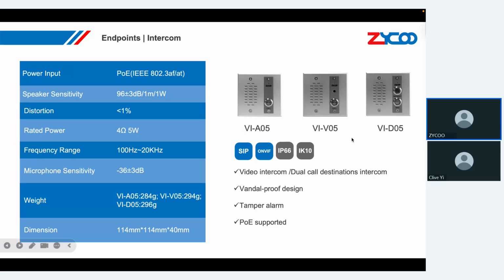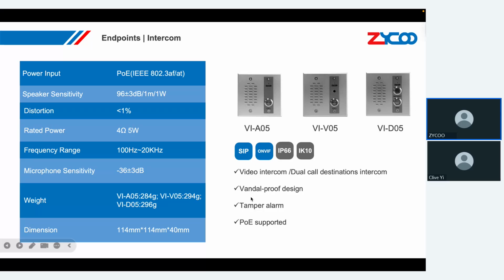So that's their difference. And they are all IP rated, so they can be used for outdoor environments because they are water and dust proof, and they are IK rated. The IK rating is used to measure the vandal-proof level. That means they are rugged for outdoor environments. And actually IK10 is the highest level for the vandal-proof rating.